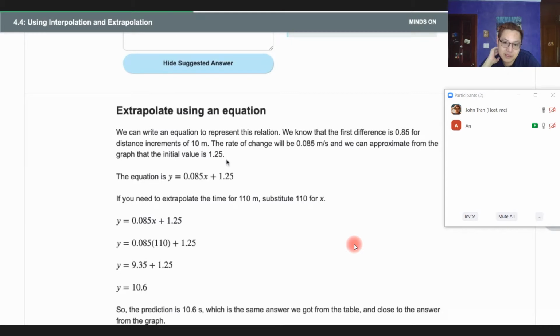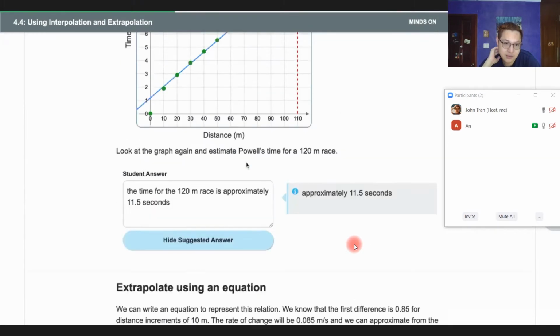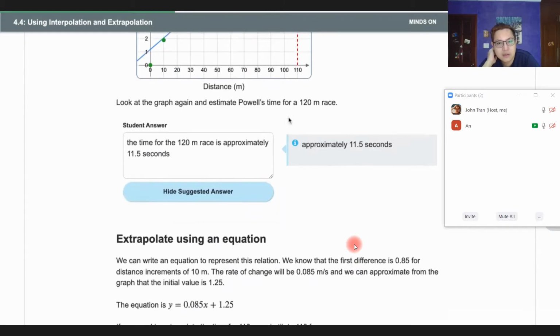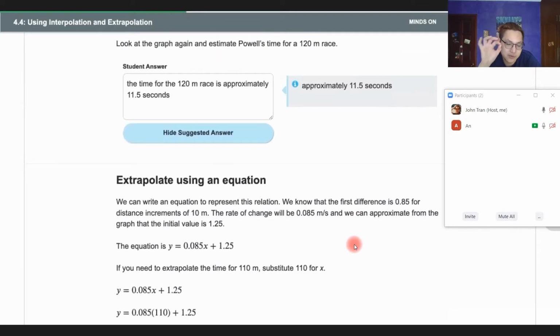Let's go back to the graph and see if what they said is correct. The 1.25 is where it touches the zero-meter distance, on the y-axis. It touches the y-axis at about 1.25, close to that. So that's the initial value.